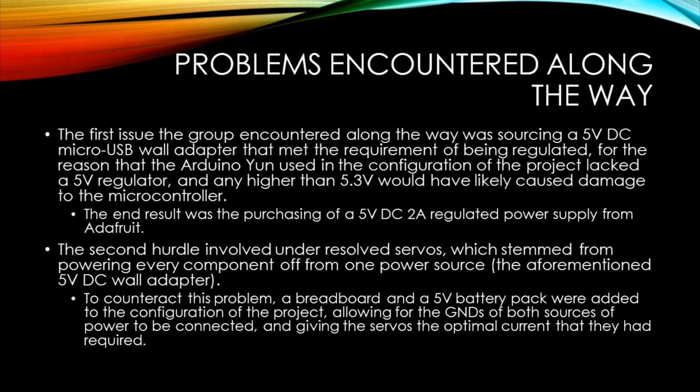As far as problems we encountered along the way, the first issue was sourcing a 5-volt DC micro USB wall adapter. This was because the Arduino Uno Rev 2 that we used lacked a 5-volt regulator inside of it, so we had to look for something that was regulated, since anything more than 5.3 volts probably would have begun to cause damage to the board, sorry, the microcontroller.